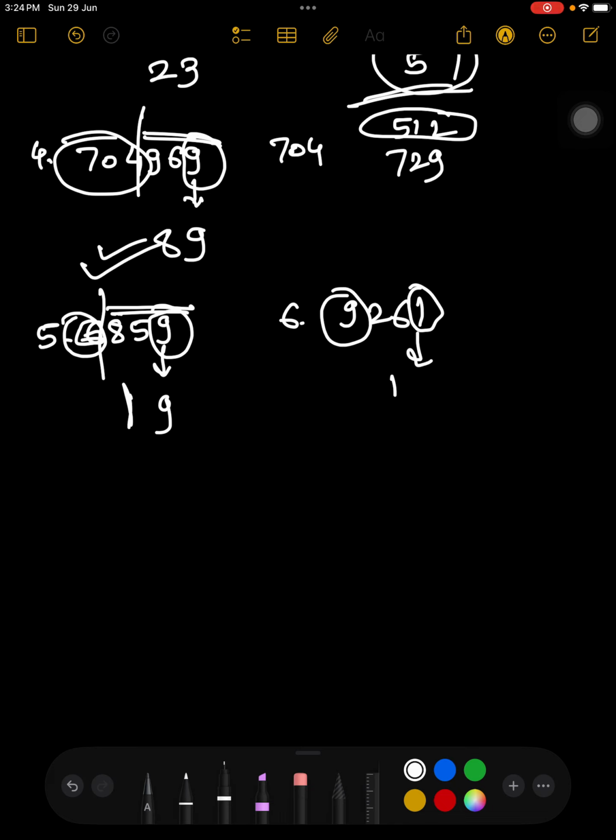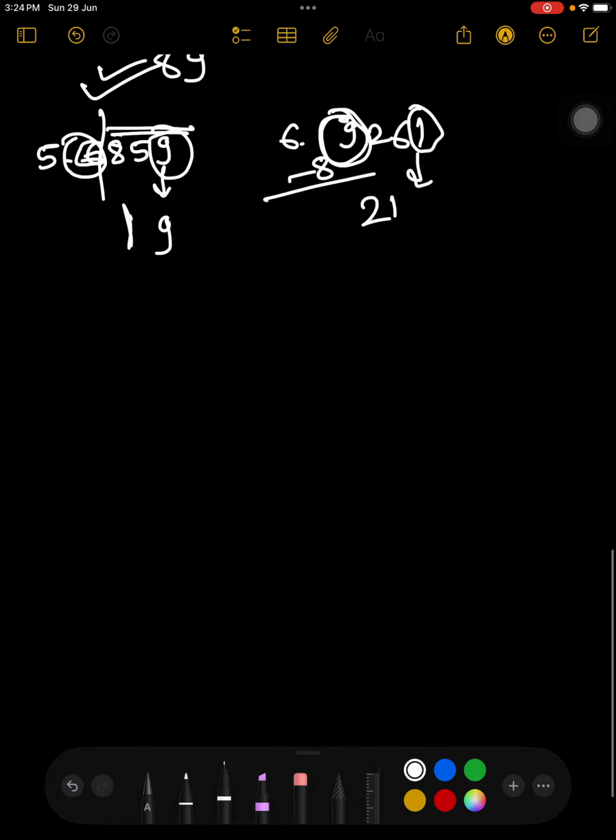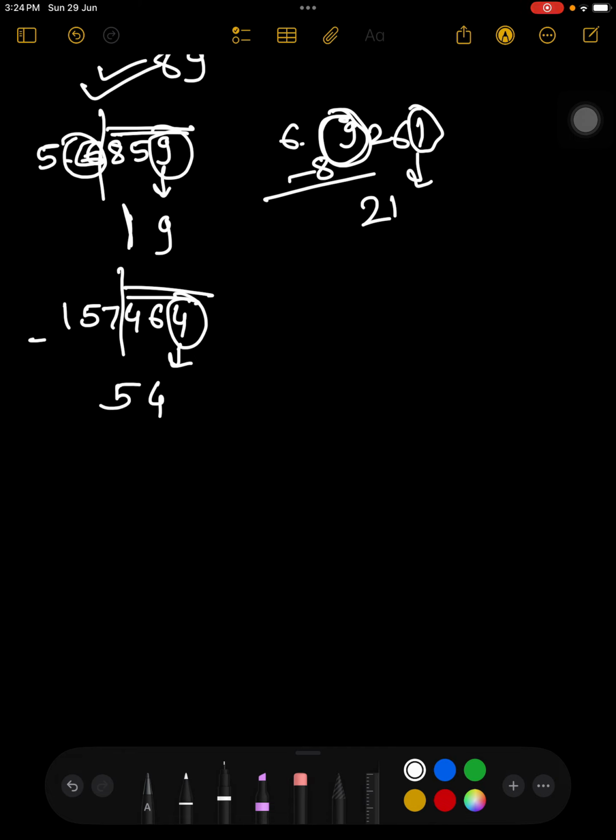And whose cube is subtracted from 9? That is 2, which is 8, right? So this is how. Let's take some more examples, like 157464. What's the last digit? It is 4. Remove the last 3 digits. Whatever remains, subtract the largest cube from 157, which gives 5, as 125, right?